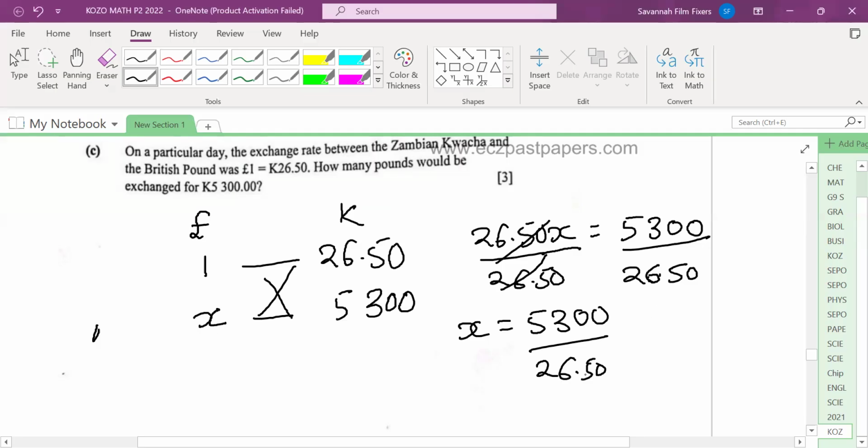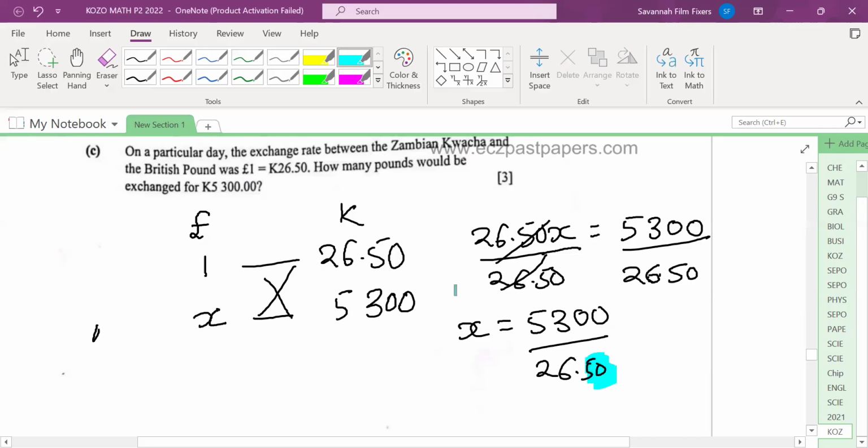We ignore the decimal point. So we have to use the place values here. There are two decimal places here.